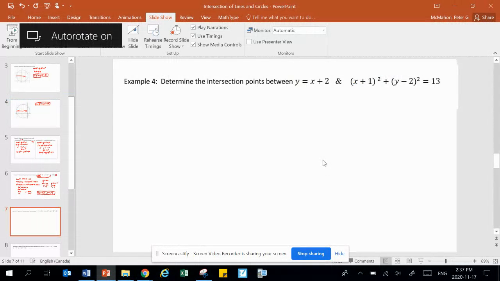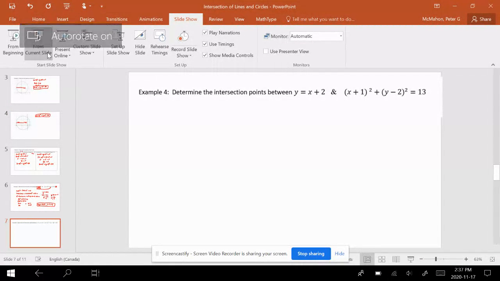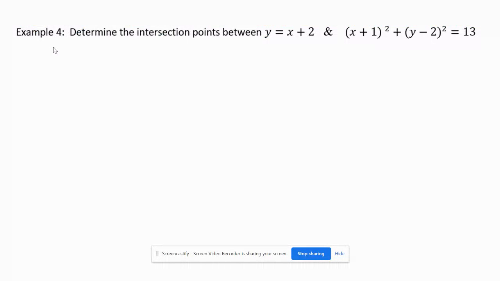So solving this algebraically, we're going to solve this by substitution. I'm going to take this x + 2, which you can substitute into the equation here. So what we get is (x + 1)² + (x + 2 − 2)² = 13.